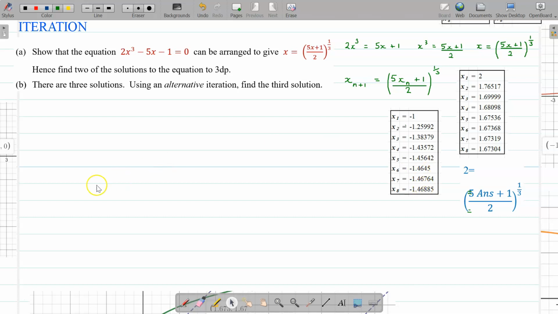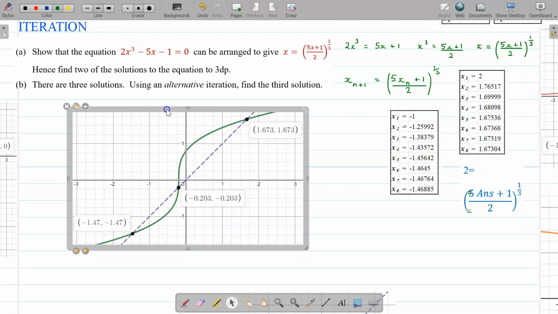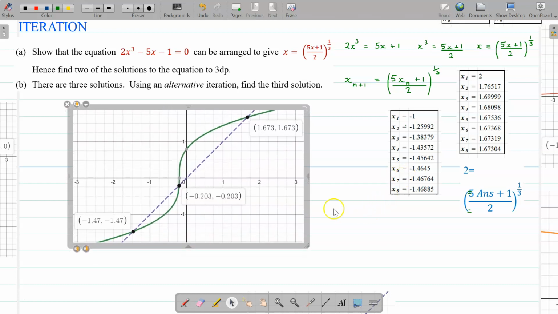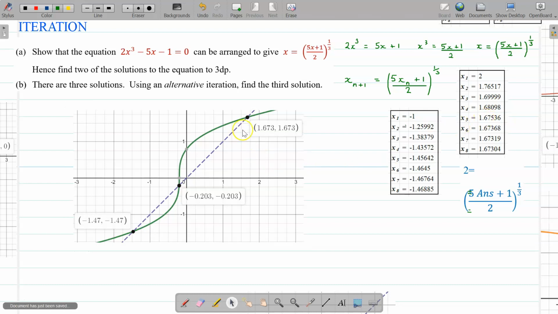And if we go back to our graph of the actual iterations in action, you can see that this iteration was closing in on this root here, and this iteration was closing in on this root here. So we found two of the solutions using this iteration formula that we were given in the question.